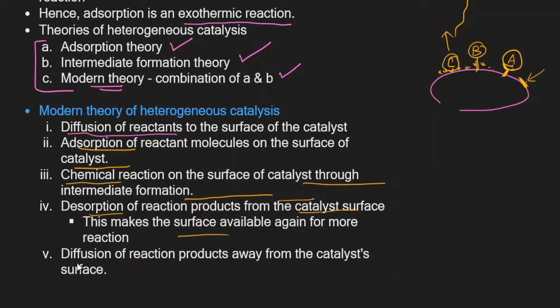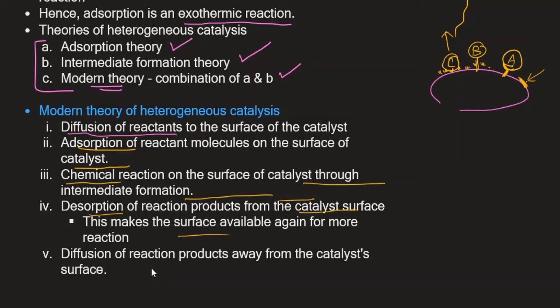Then finally, such desorbed products should be diffused, is it not? So the diffusion takes place. So the reaction products diffuse away from the catalyst. So it is a continuous reaction.